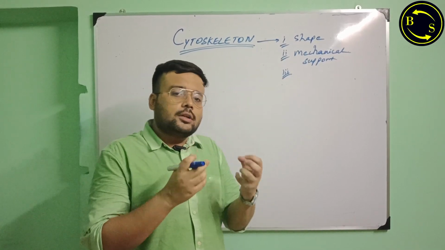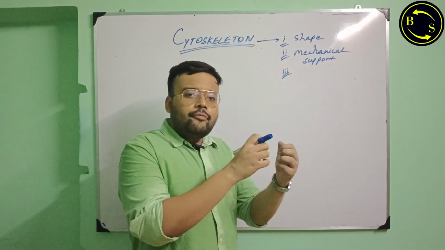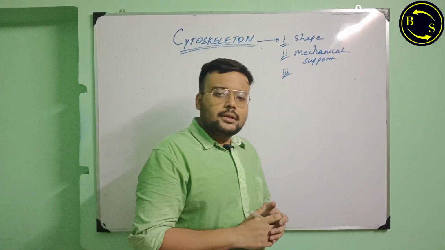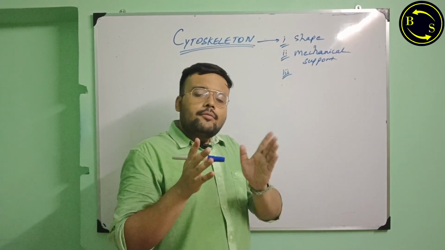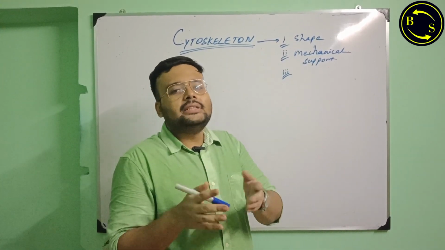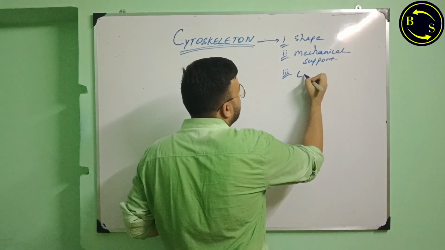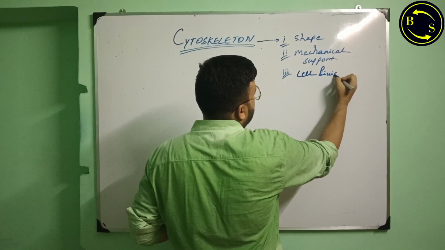It needs a structure from where a cell can break off or divide into two daughter cells from a single mother cell, or it can separate into two daughter cells from a single parent cell, as we see in plants. So it also helps in cell division.